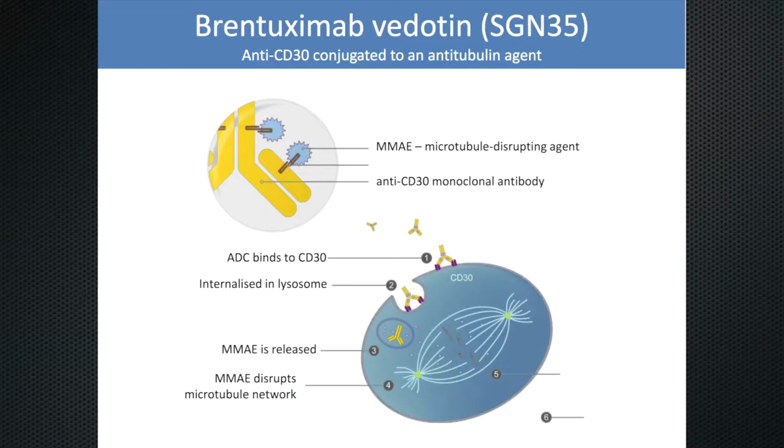You see here the anti-CD30, the monoclonal antibody against CD30, which is combined with a microtubule disrupting agent, and which is then internalized after docking of the antibody, and will then disrupt the microtubule networks.